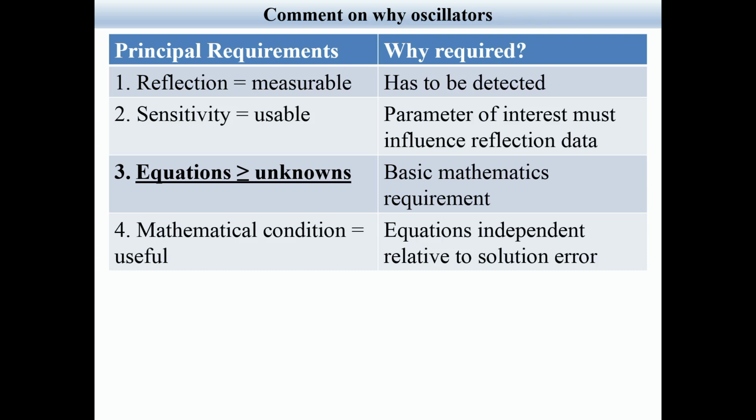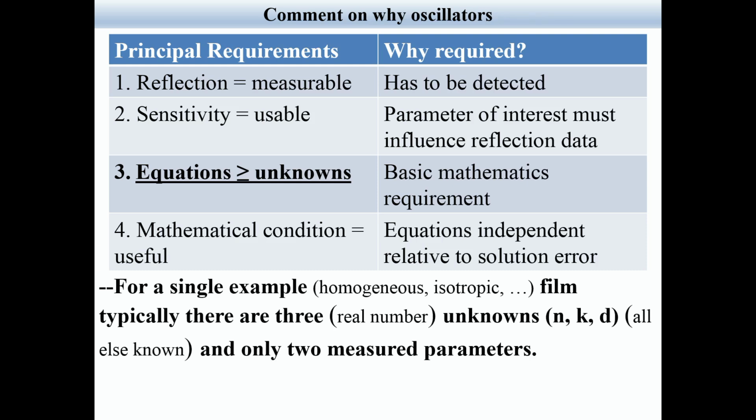And why do we need oscillators? Well, we need oscillators because of number 3. We need to make sure that we have more equations than unknowns. And if we have 3 unknowns, N, K, and D, for a given wavelength and angle of incidence, you only get sine delta out from that. And that's a deep thing. A deep dive can be done on that.